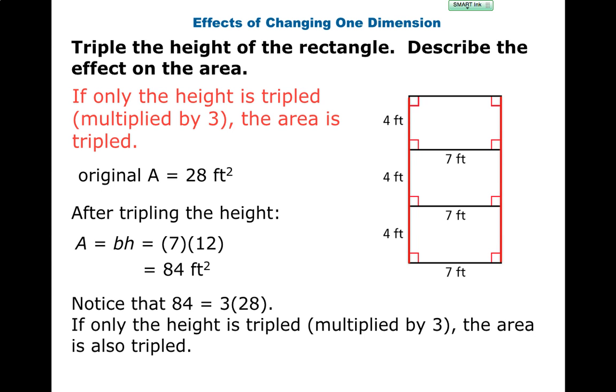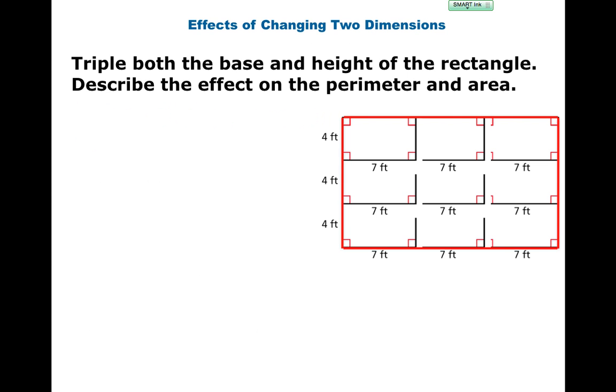All right, let's take the base and height. So now triple not just the height of the original one, but triple the width, the base of it also. I want you to figure the area, but also the perimeter on this one. What's the new perimeter and what's the new area?